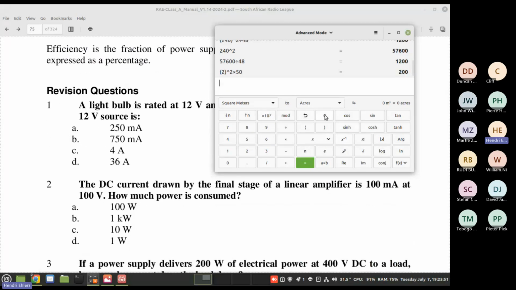We can either say in our heads that this would be 0.1 times 100, so that will give us 10 watts.